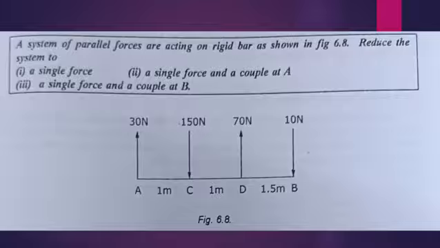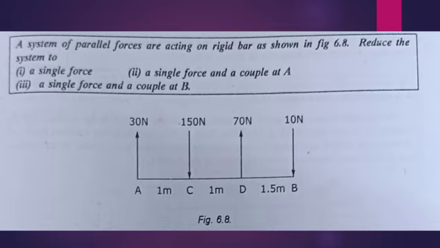The magnitude of the force is given. At A, the magnitude of the force is 30 Newton, at C it is 150 Newton, at D it is 70 Newton, and at B it is 10 Newton.